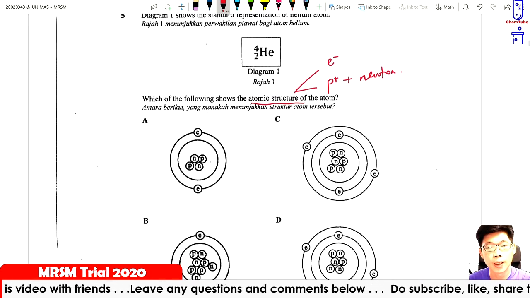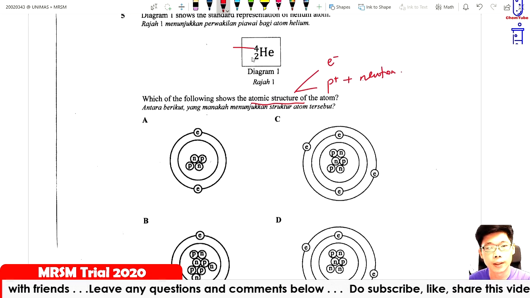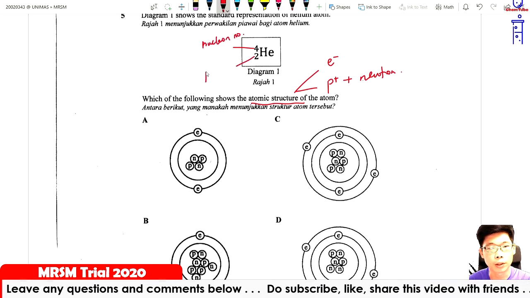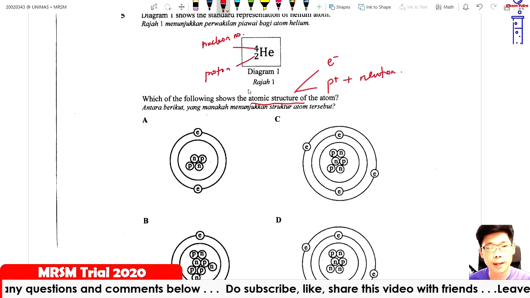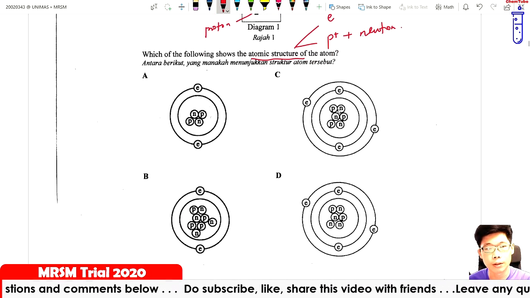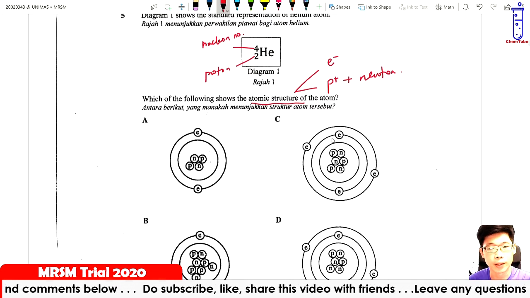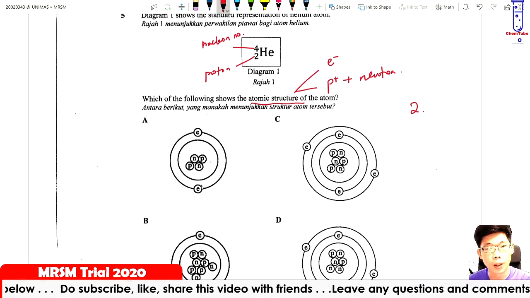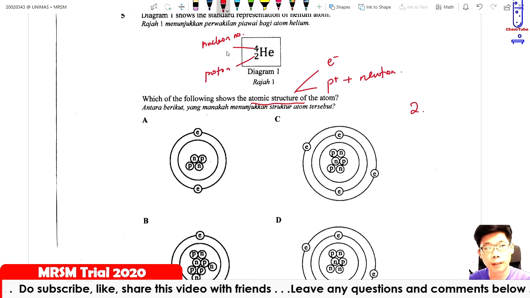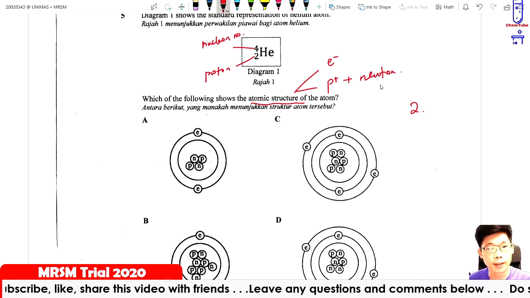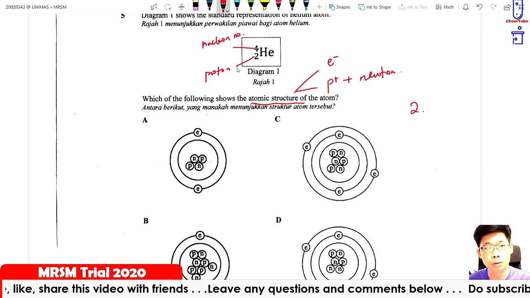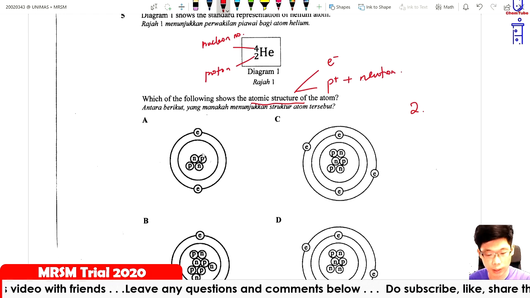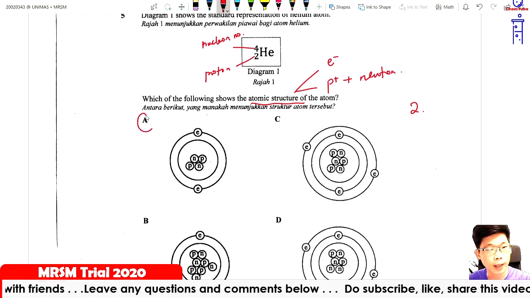For helium, this is the nucleon number, and this is the proton number. The proton number is the same as the number of electrons, so it's 2 electrons. So the electron arrangement is 2. The nucleon number is the protons plus the neutrons. The proton number is 2, so the neutrons will be 2. So 2 neutrons, 2 protons. So the answer should be A.